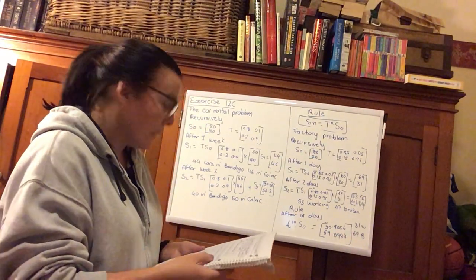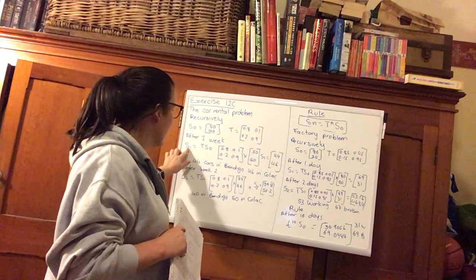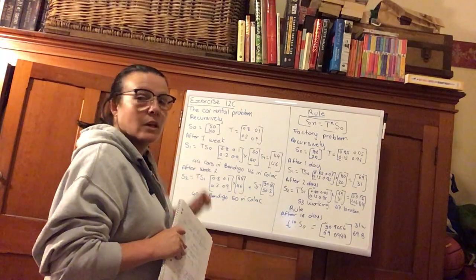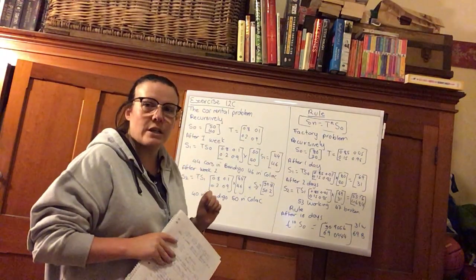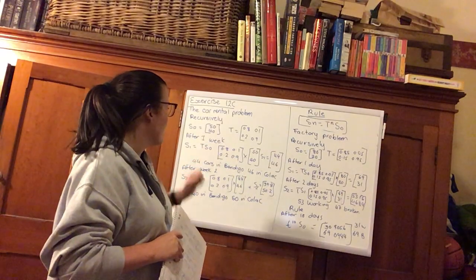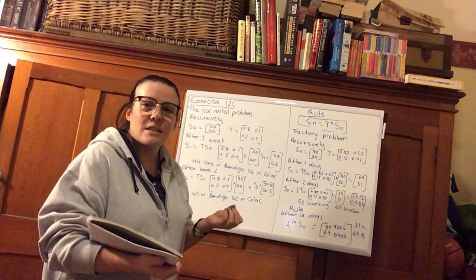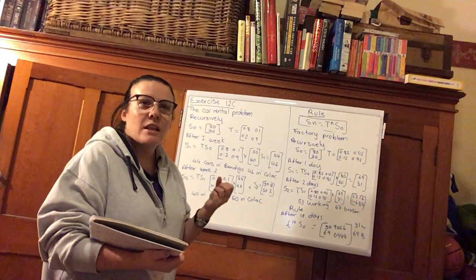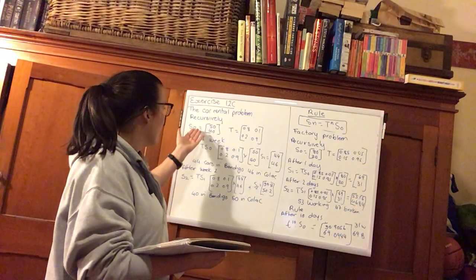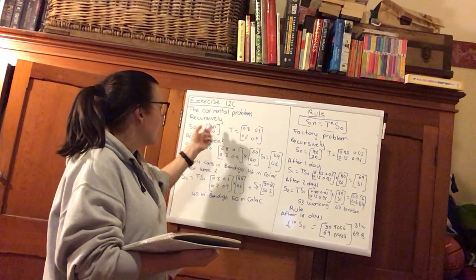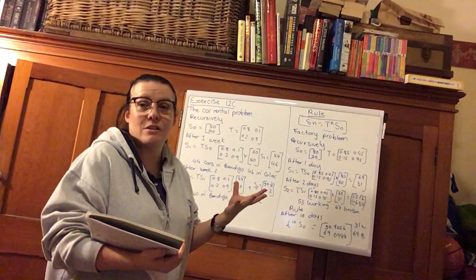Okay, so what we're going to do is we're going to find S1. To find S1, we'll take our transition matrix and we're going to multiply it by our initial matrix. And just like in finance, the initial matrix was your principal. With your matrices, your initial matrices are, well, how much is there at the start?